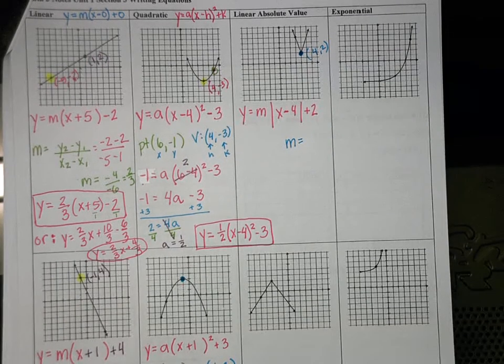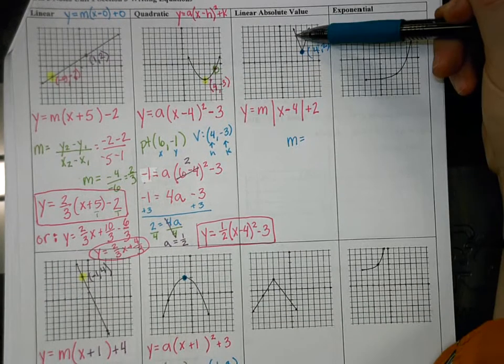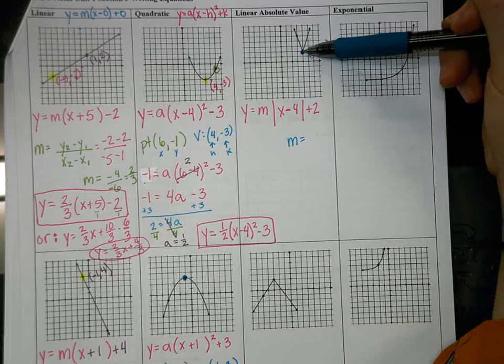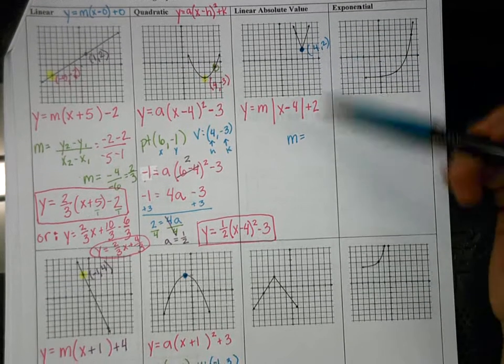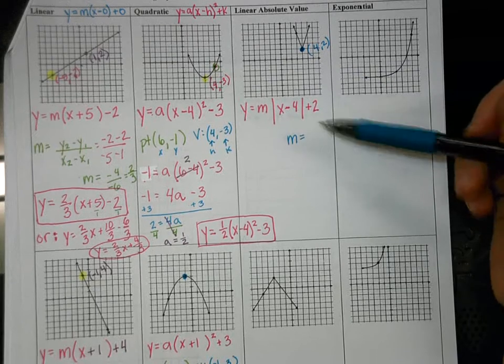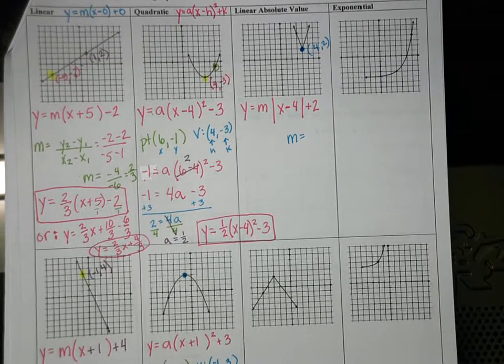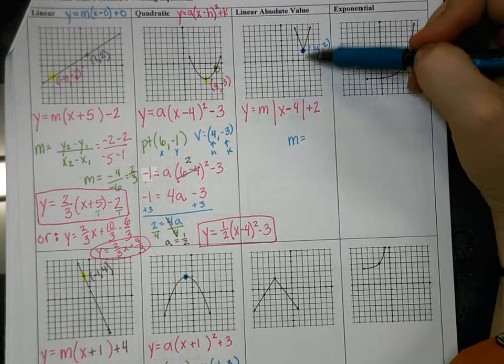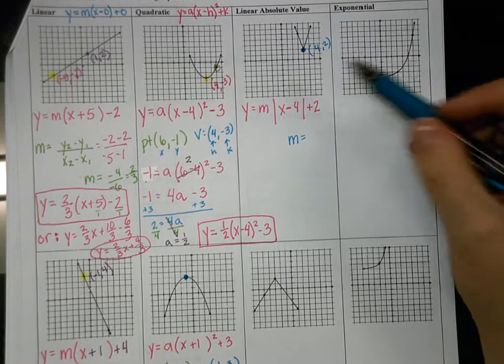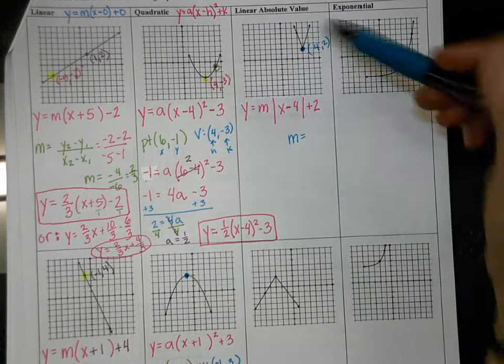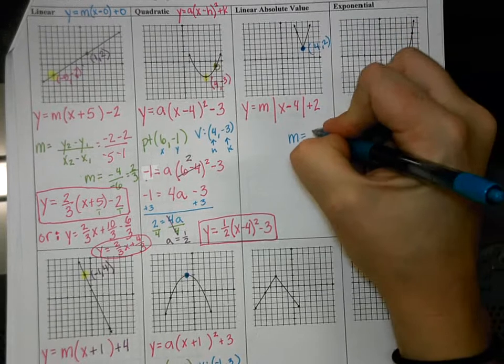So even if I count between these points and it's down 3 over 1, it's not a slope of negative 3 unless your absolute value is opening down. Okay? And that's just because it's symmetrical. It's going to have the positive slope and the exact same negative slope within the same function. But it's opening up, so this is a positive 3.